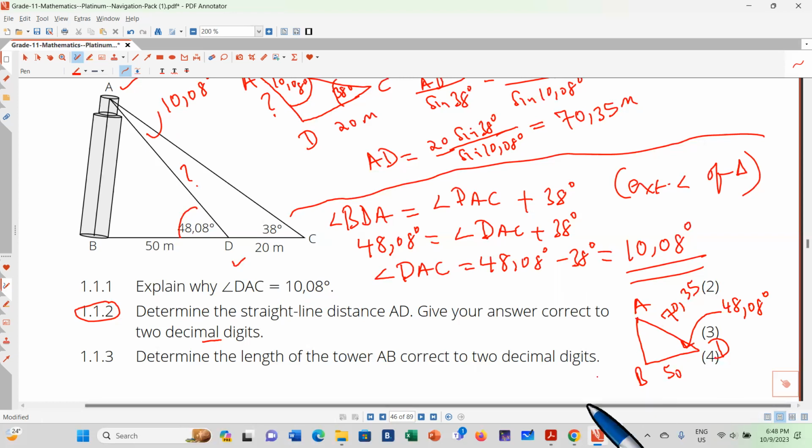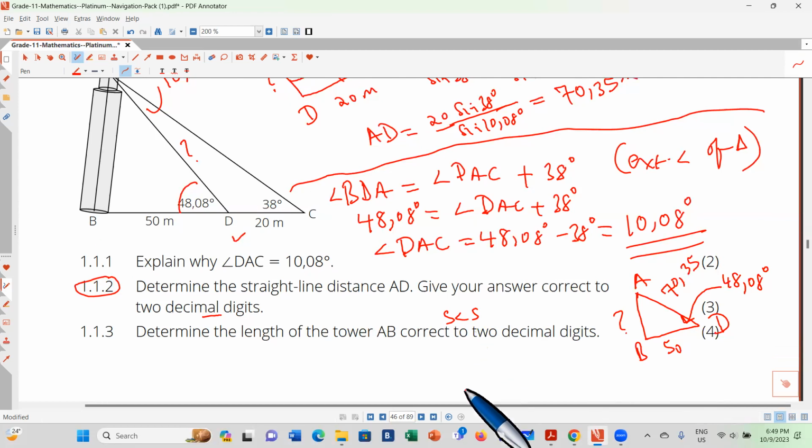So we have these. Now having these, we just need to find AB. We already know these two sides and the included angle. Knowing two sides and the included angle, in other words, we are dealing with the side angle side situation. This is a geometrical way of writing it. So we want to find the length of AB.